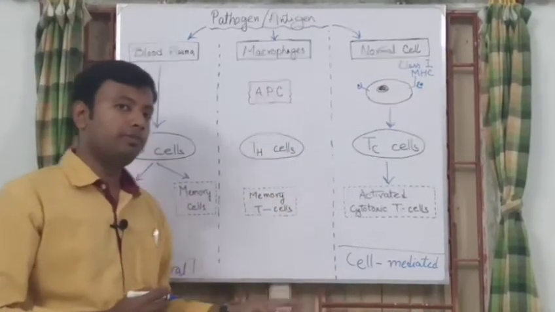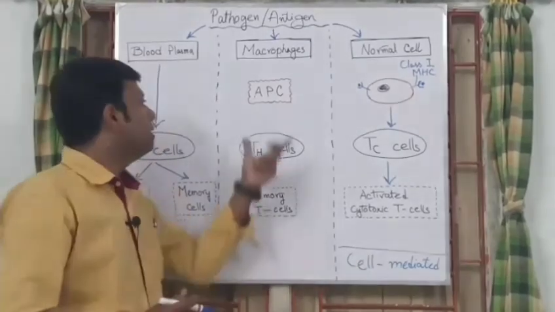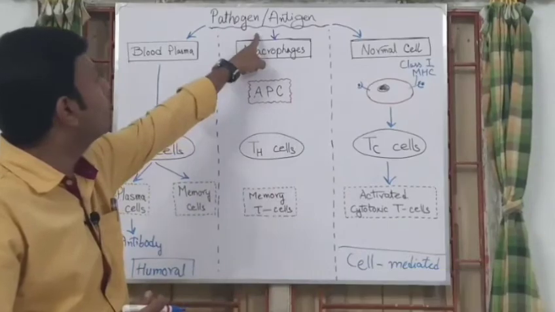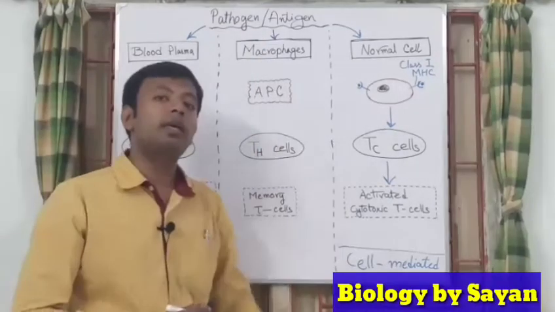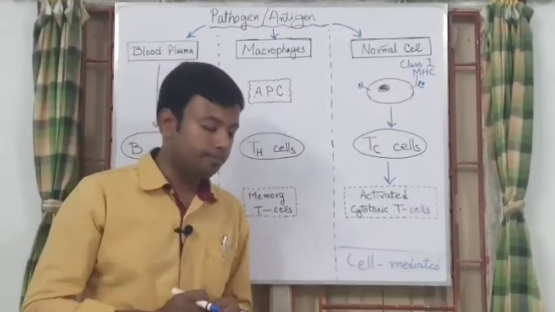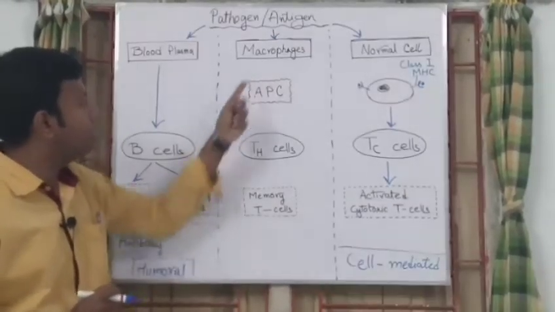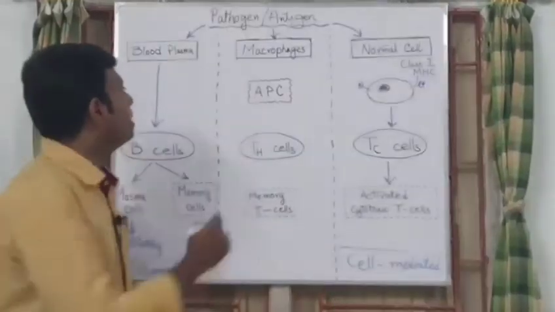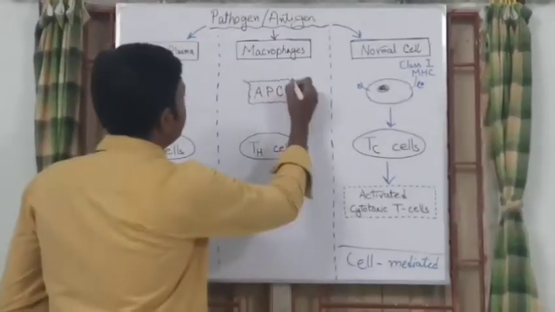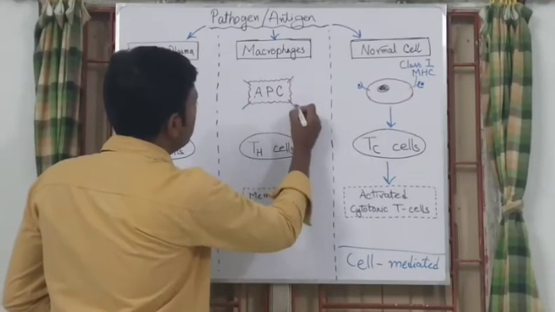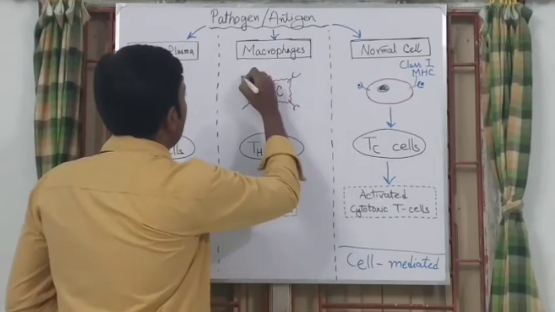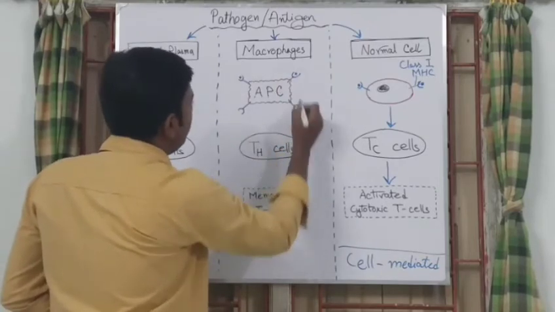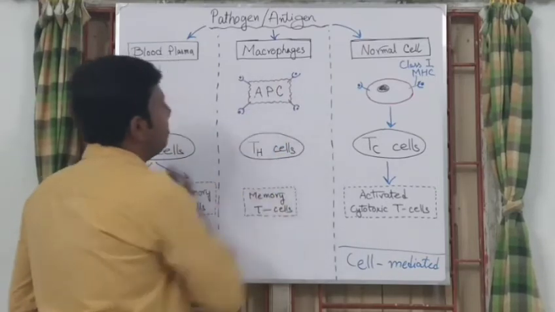Now, if we want to understand properly how both these mechanisms, humoral and cell mediated immunity, can interact with each other, then we need to understand this middle column, the second column. That is, what will happen if any pathogen or antigen is engulfed by macrophages or dendritic cells. We all know that macrophages are a special group of antigen presenting cells. That means whenever any antigen enters inside the macrophages, macrophage will express a part of that engulfed antigen outside of their plasma membrane with the help of a special type of receptor.